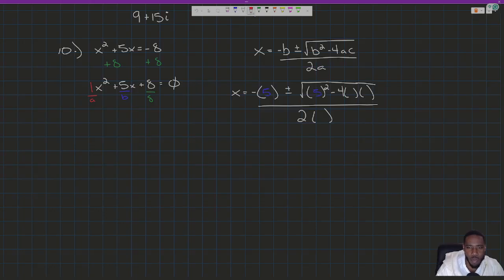A value is 1, that's going to go here and here. Our c value is 8, that's right here. And so now we're just going to simplify until we cannot anymore. Negative 5 is just that, negative 5, plus or minus the square root of 5 squared is 25. Negative 4 times 1 is negative 4 times 8 is negative 32.